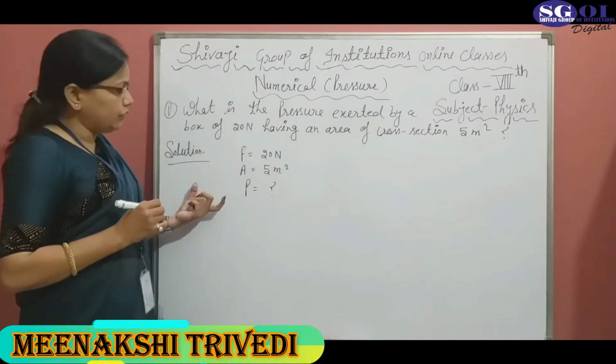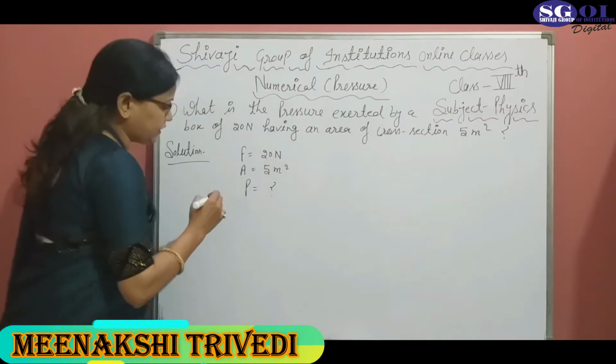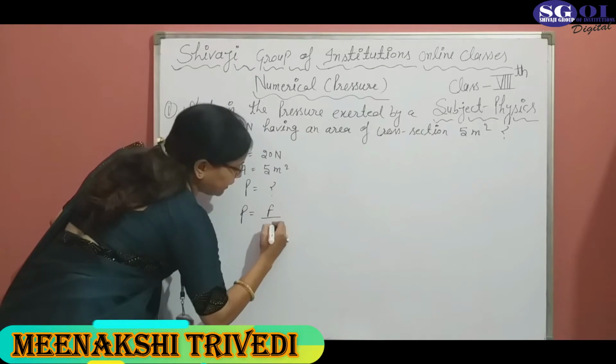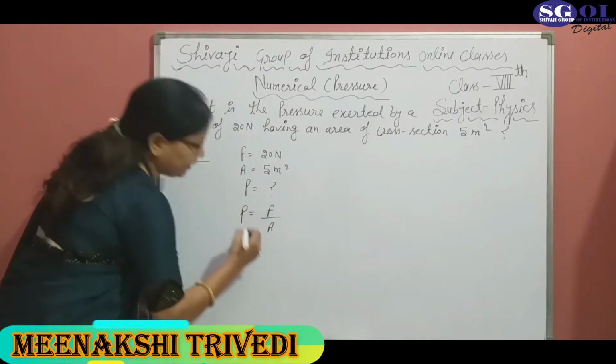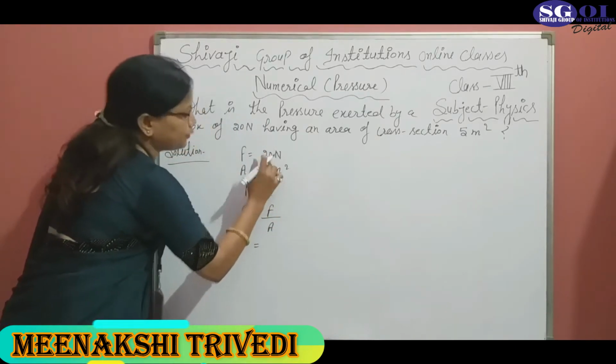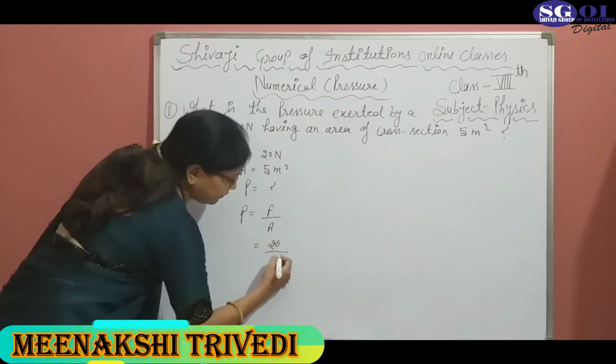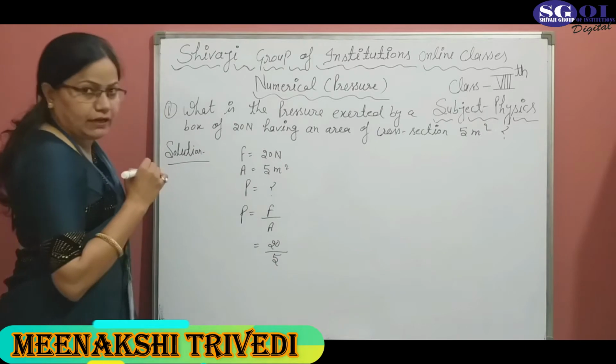Student, as you know, the formula of pressure is P equal to force divided by area of cross section. Here force is 20 Newton and area of cross section is 5 meter square.